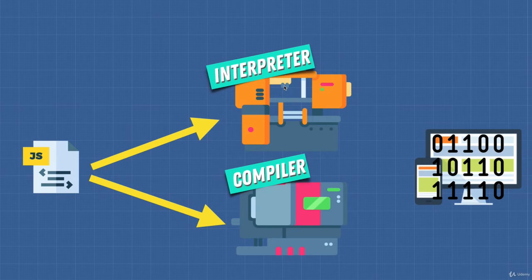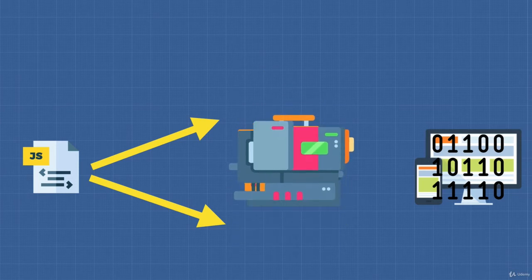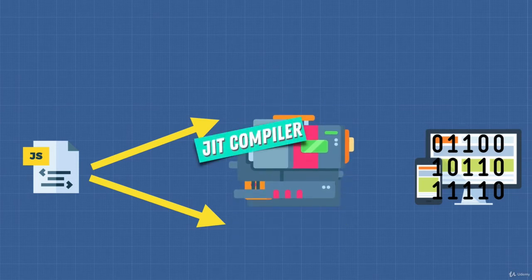And this is what some engineers came up with in late 2000. And if we use Google as our example with the V8 engine, what if we combine the best of both worlds? What if instead of using the compiler and interpreter, we combine these two and create something called a JIT compiler, or just-in-time compiler?